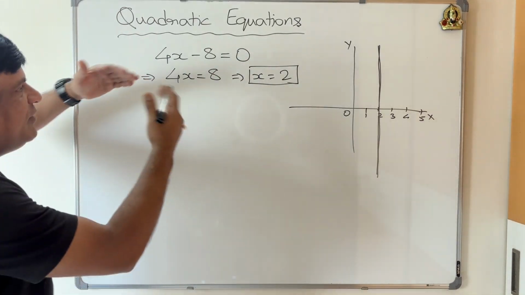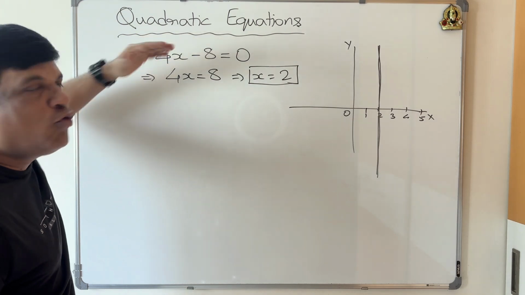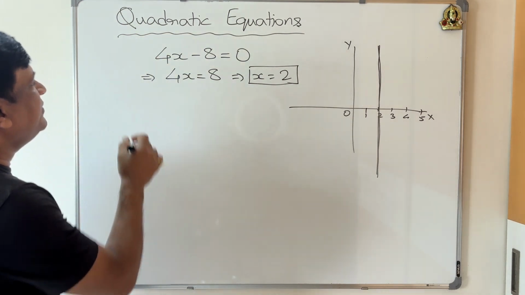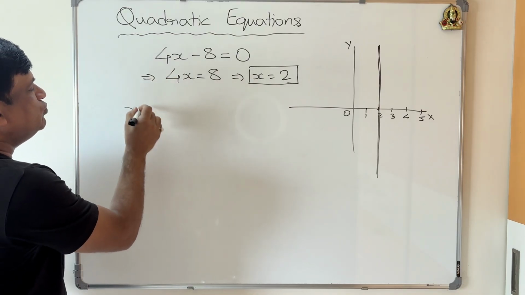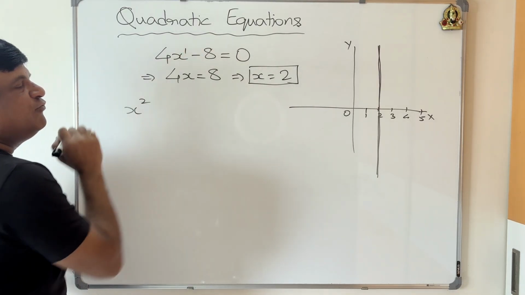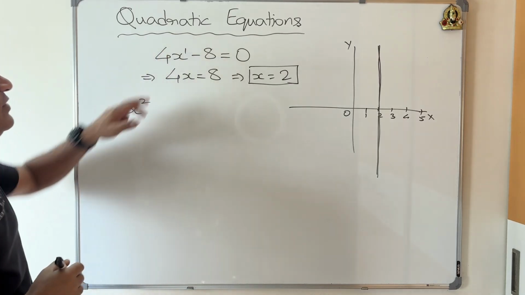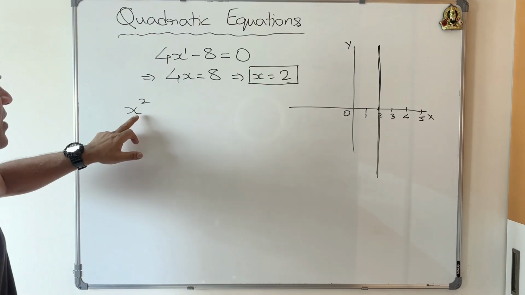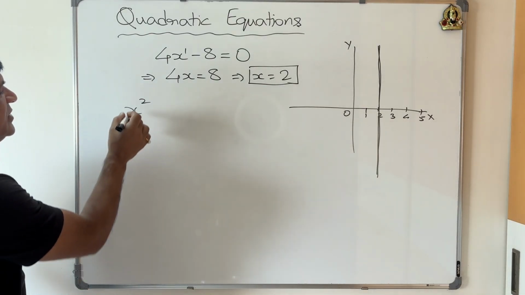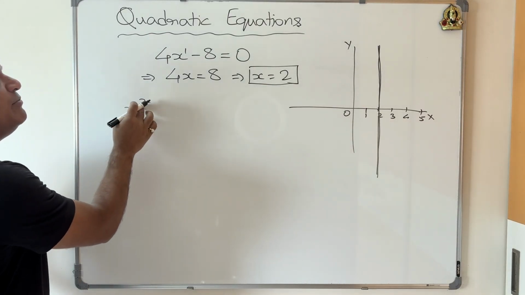Now when I come to quadratic equations, a quadratic equation will have the degree as 2. Here the degree is 1, the power is 1. That's why we call it a linear equation, because it will always have one distinct solution. But in a quadratic equation, the maximum degree is 2.